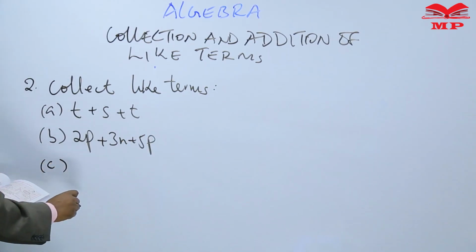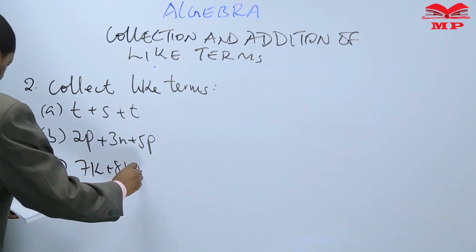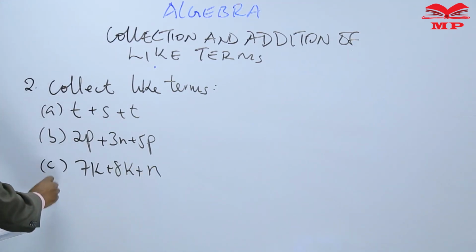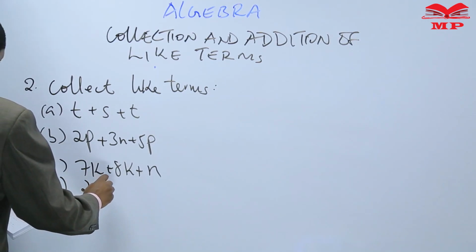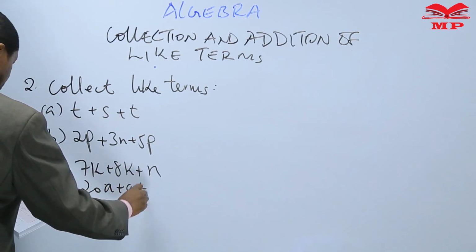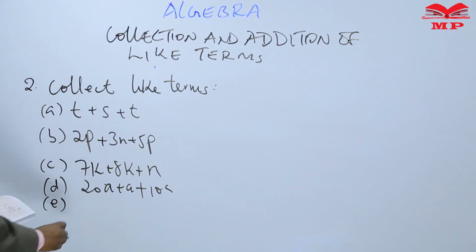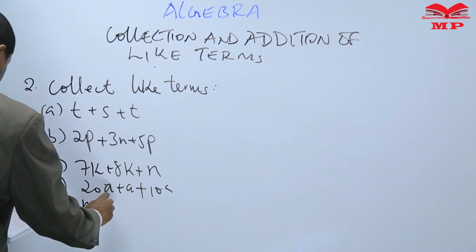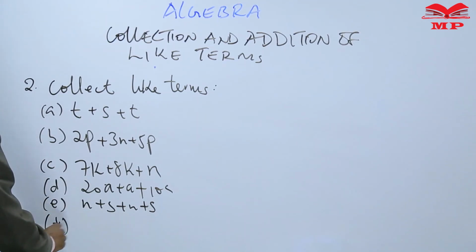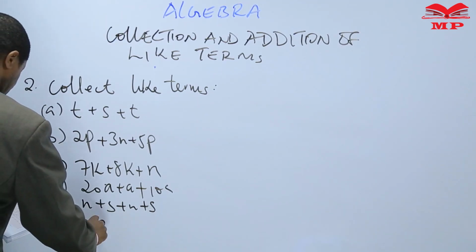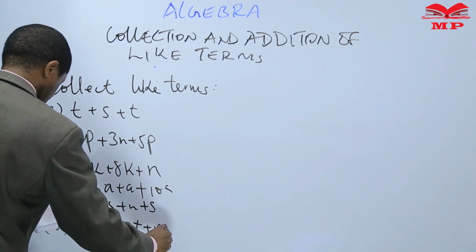C, we have 7k plus 8k plus n. Then D, we have 20a plus 10c. Then E, there is n plus s plus n plus s. Then F, we have 15p plus 2t plus p plus 17t.